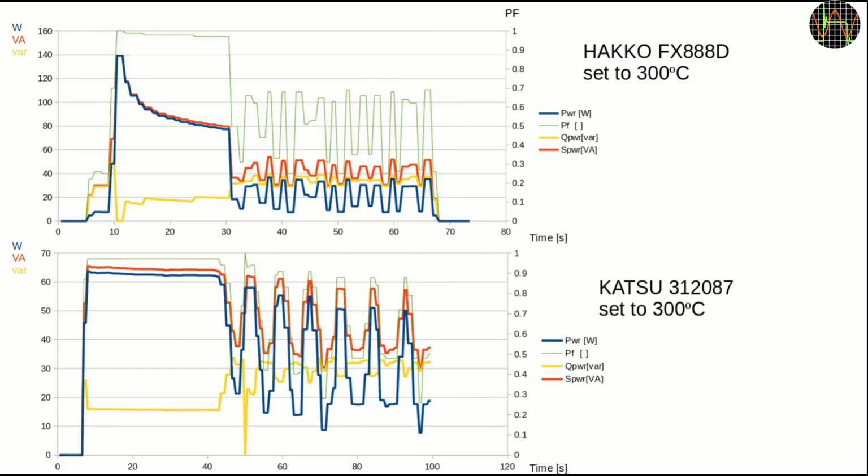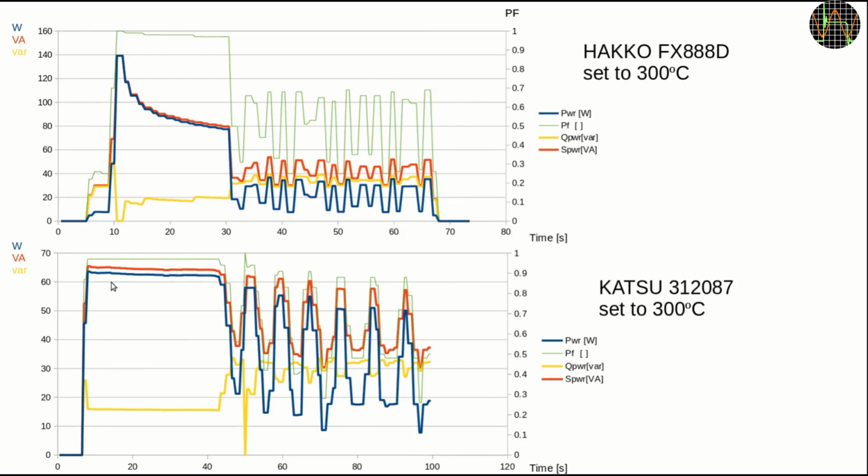What can you do with the PZEM-004T apart from energy usage monitoring? Here's an example where I used it to record the behavior of 2 solder stations set to 300 degrees Celsius starting from cold. It is quite interesting to see that the Hakko has more power and obviously more advanced electronics too, as it gradually lowers the active power when approaching the target temperature, and once it's reached, only small pulses of active power are needed to maintain it.